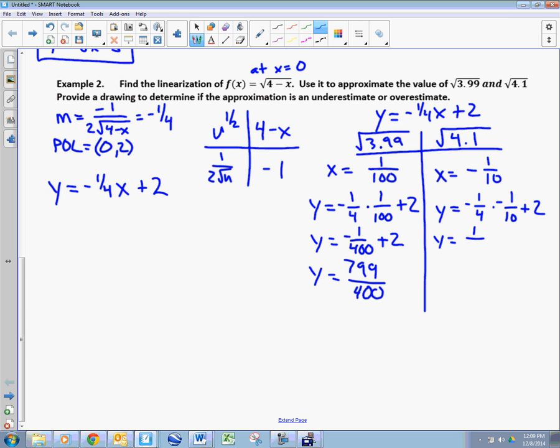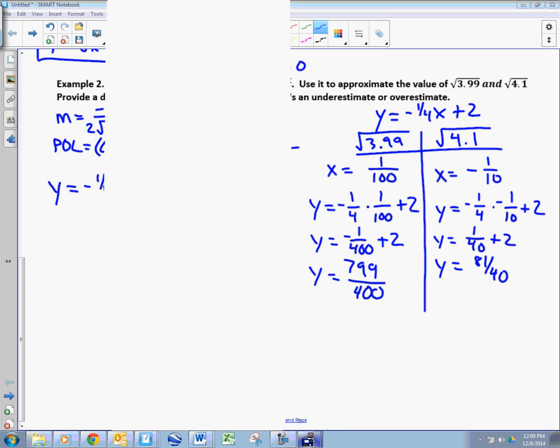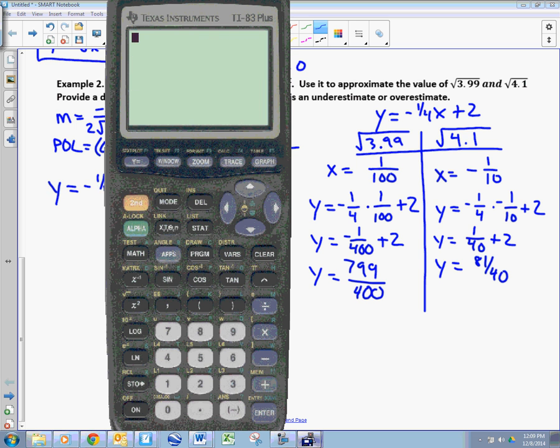So y is 1 over 40 plus 2, or y is 81 over 40. So is 81 over 40 a reasonable estimate? If you take the square root of 4.1 and compare that to 81 divided by 40, look at how close of an approximation that is.